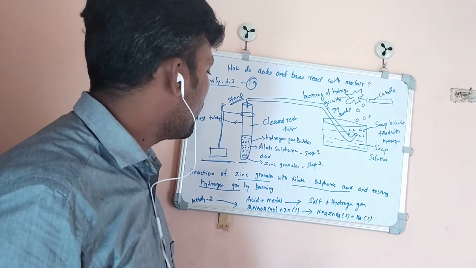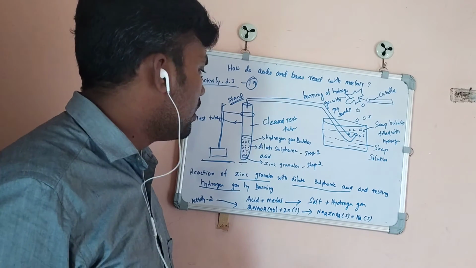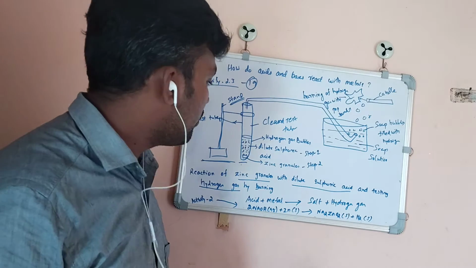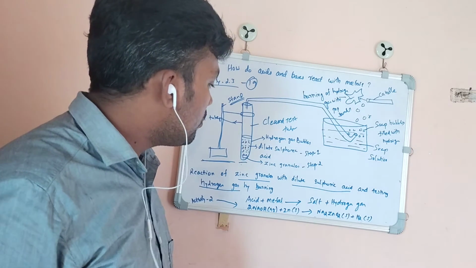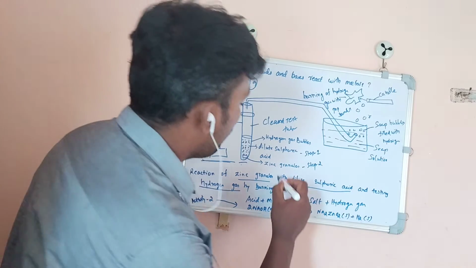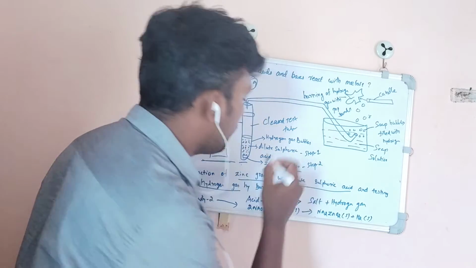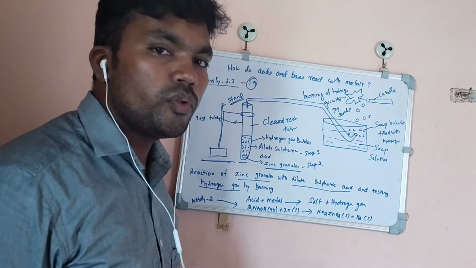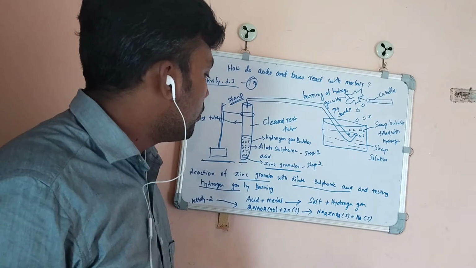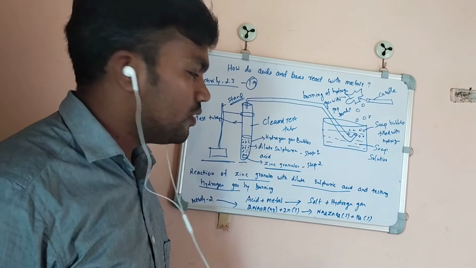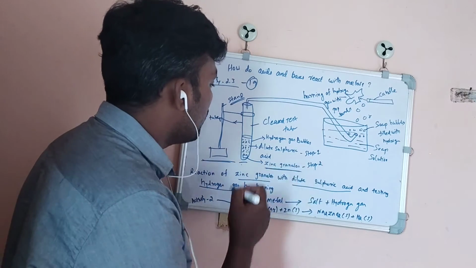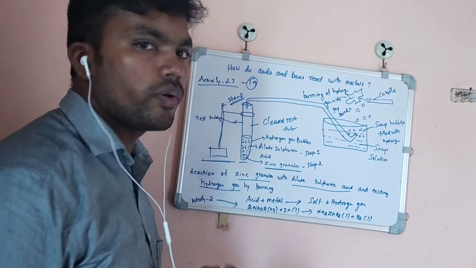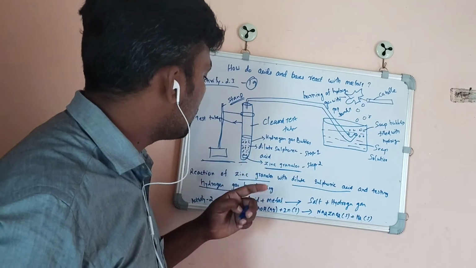After adding the dilute sulfuric acid in the test tube, you need to add zinc granules. With the help of your teacher, take zinc granules from your laboratory, then add these zinc granules into the test tube, as I have shown in this figure.